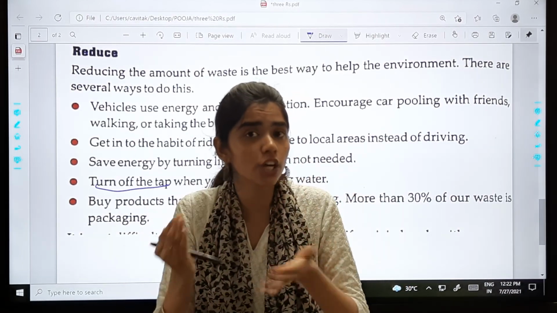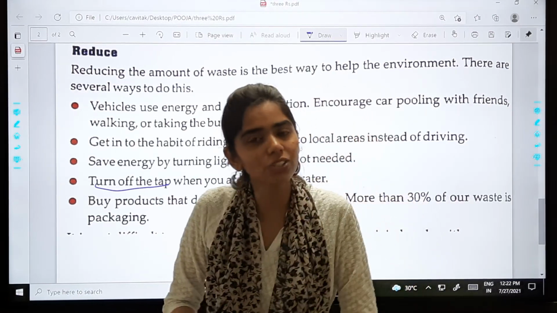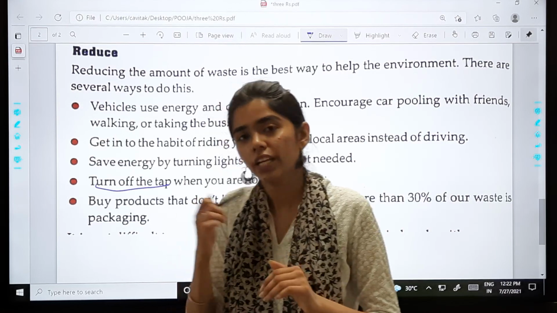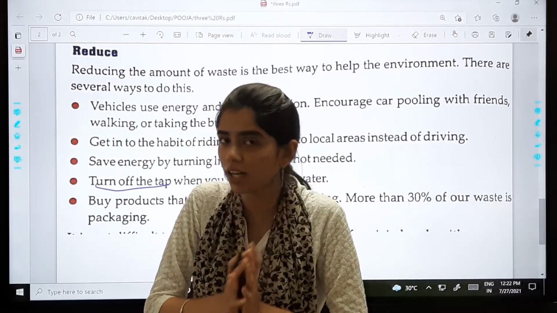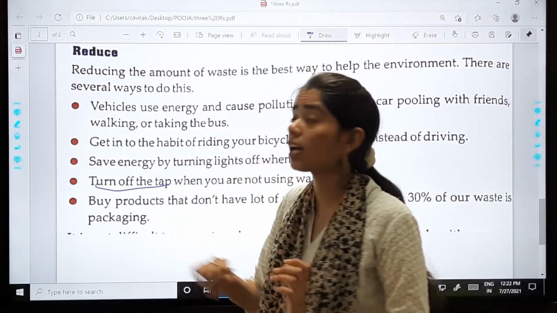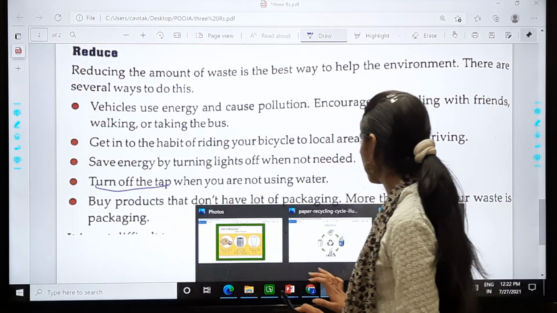As you open it, what will you see? There is a lot of packaging. So that is also unnecessary, right? So we should avoid that also. Instead of so much packaging, we can just put it nicely in a cardboard kind of box. Clear? So these are the things we should keep in mind for reduce.